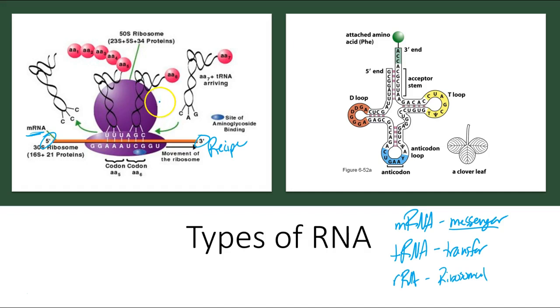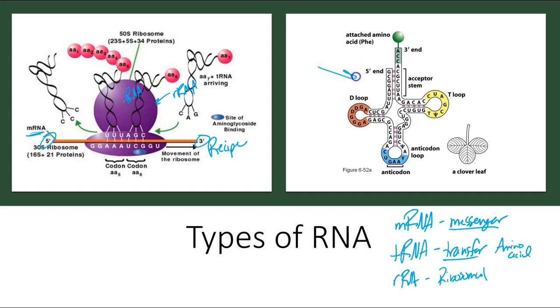This big purple blob is our ribosomal RNA, so this would be our rRNA. And over here you can see these black squiggly shapes holding an amino acid. This would be the tRNA. The purpose of transfer RNA is to transfer the amino acid to our ribosome and ultimately build the protein using the machinery of the ribosome in order to do that.